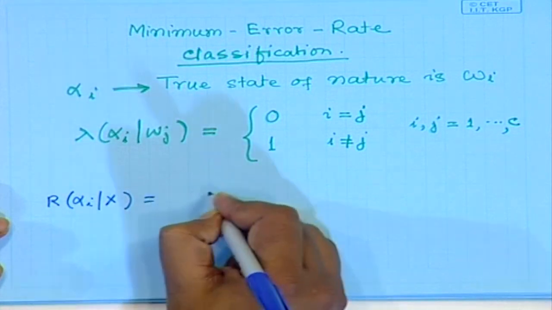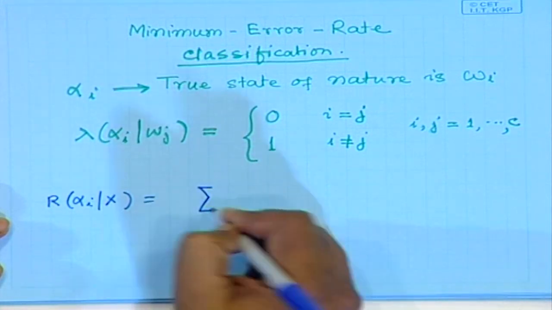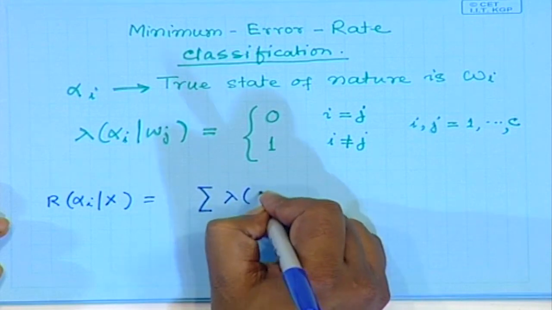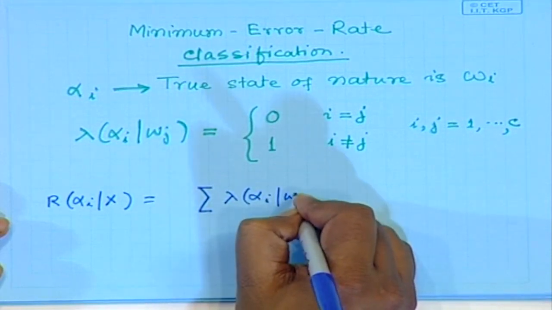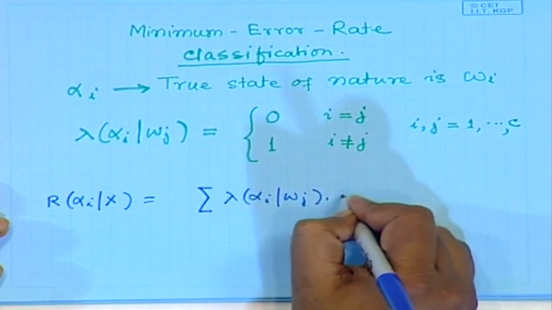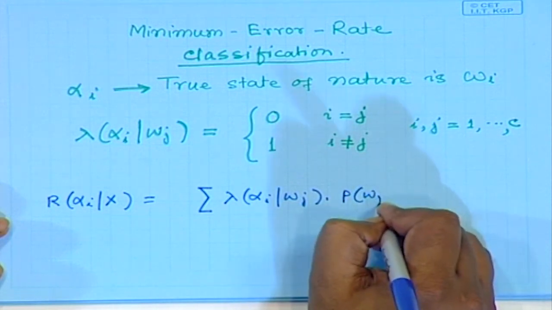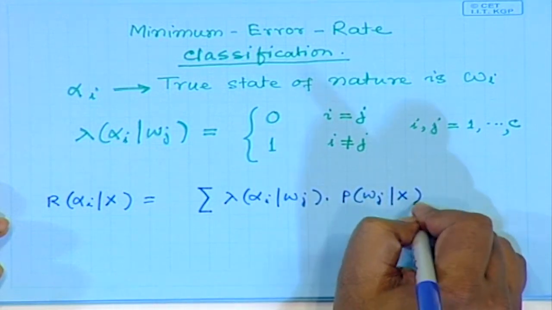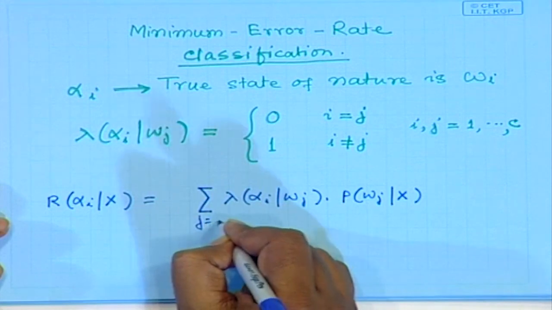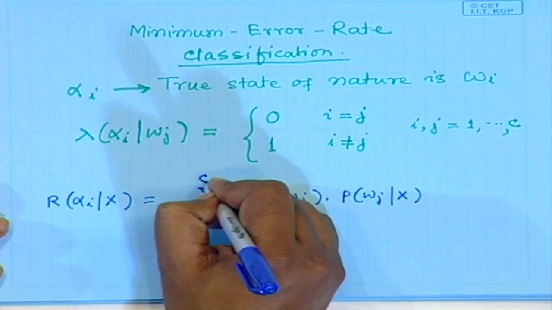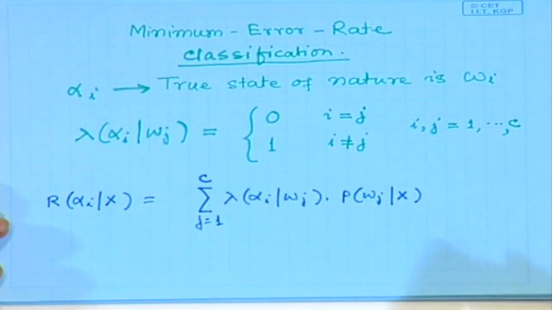That will be nothing but, as we have already said, the summation of lambda of alpha i given omega j into p of omega j given x, where j varies from 1 to c. So, this is the loss involved or the risk involved for taking an action alpha i, right.